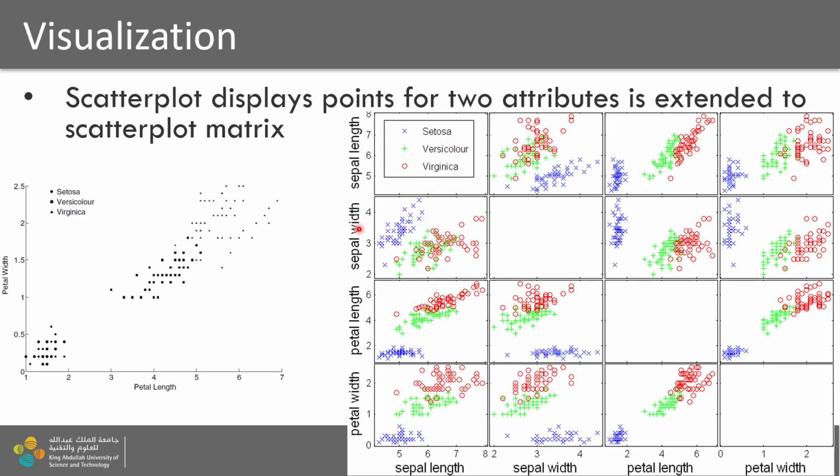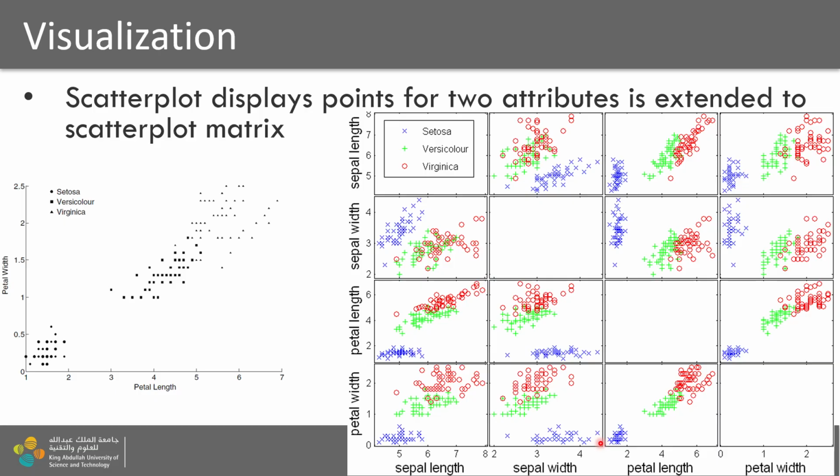And then sepal length versus sepal width, we can see how these two variables are related to each other. And then the sepal length versus petal length, we can see that there is some kind of a relationship. At least here we can somehow see and discriminate the setosa from the other two.